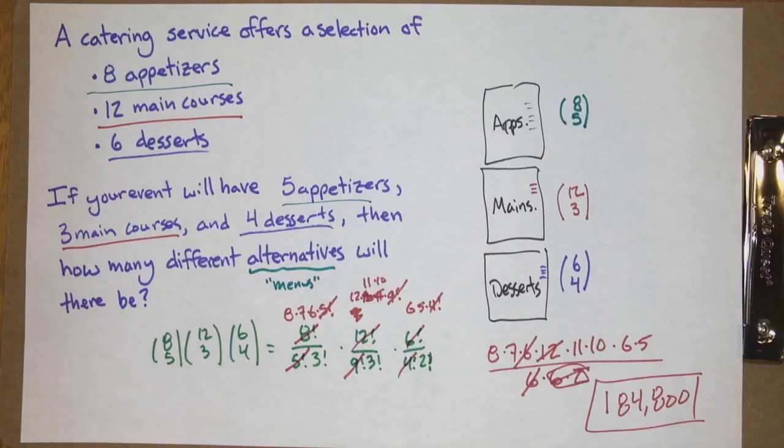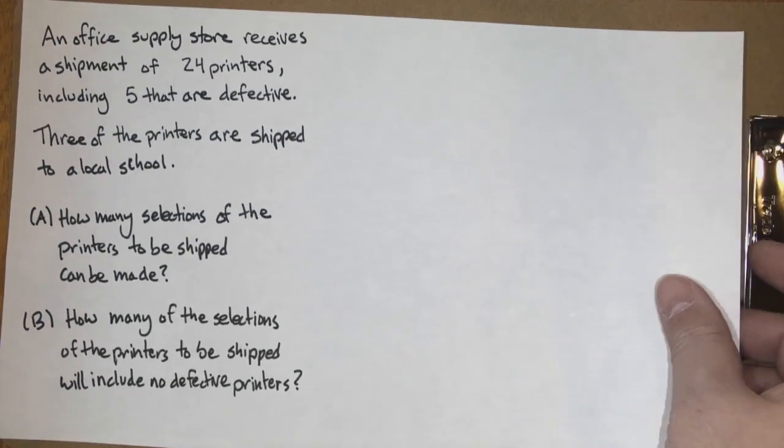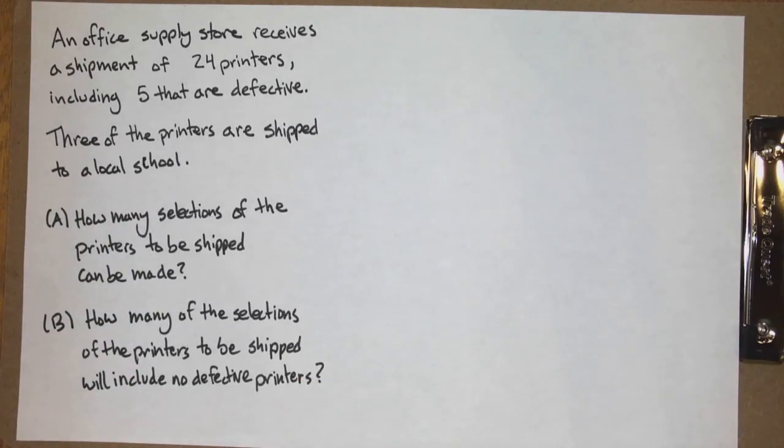Maybe one more quick one. We won't do the full computation, but we'll just write down the answers in terms of C's and P's. An office supply store receives a shipment of 24 printers, including 5 that are defective. 3 of the printers are shipped to a local school. How many selections of the printers to be shipped can be made?